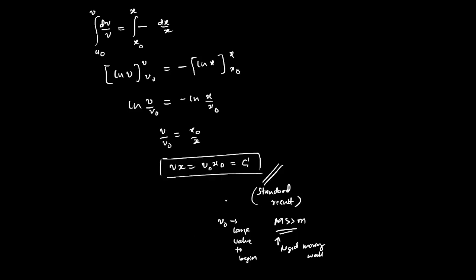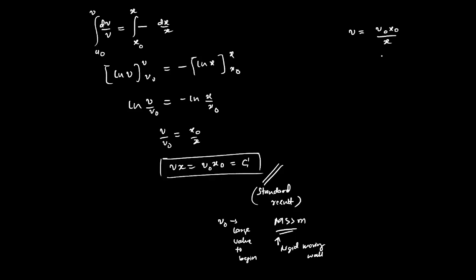Once we recognize this, the product of v and x should be constant, meaning as x increases, the distance of the bigger block from the wall increases, the speed of the smaller block keeps reducing, and it is inversely proportional. Why is this happening? Because with every interaction with the bigger block, it keeps losing momentum. So v equals v naught x naught by x.